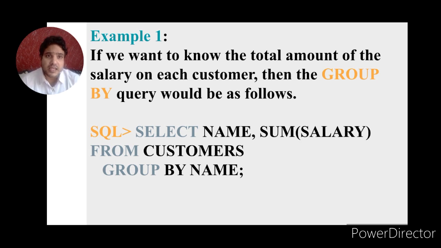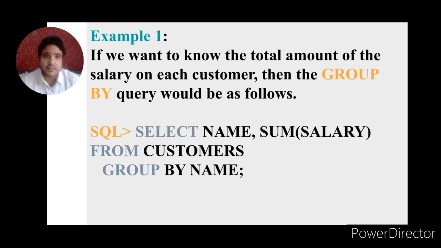Now the example is like this. We use select name, this is the attribute, and sum of salary, this is the aggregate function. It means the total salary of a group. If a group contains more than one value having the same name, the sum of the salary provides the total salary of that group.